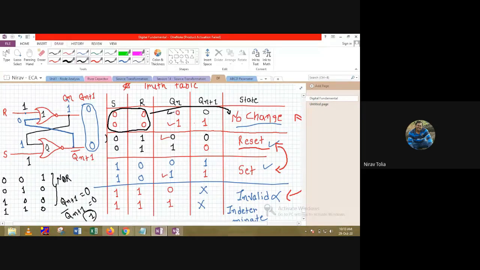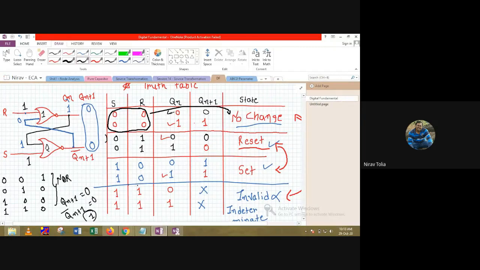So our output will not change due to this input.